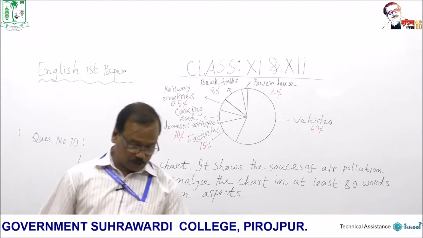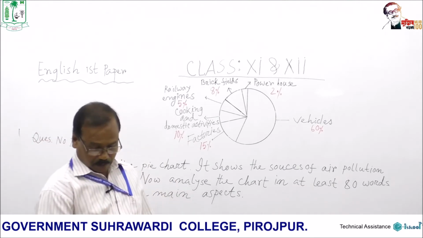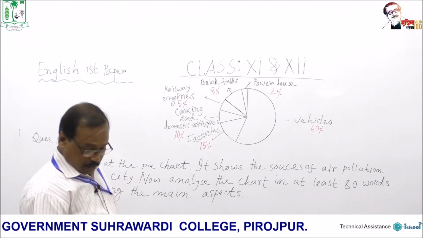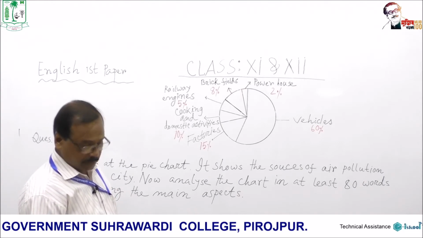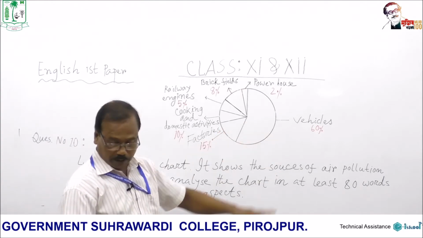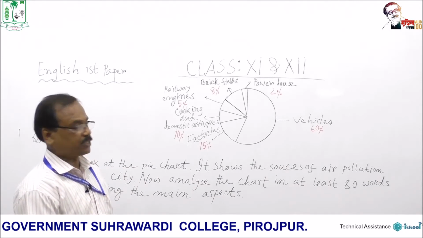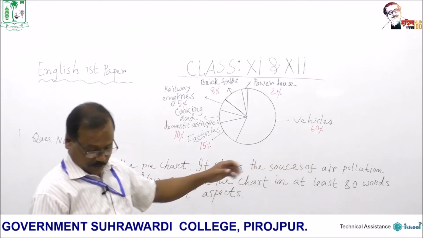So, you can write: the pie chart shows that the highest source of air pollution is vehicles, and it is 60%.